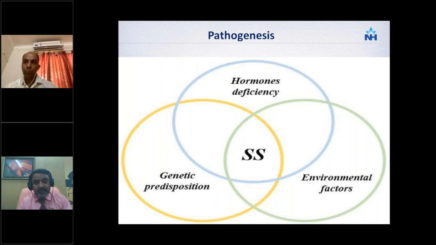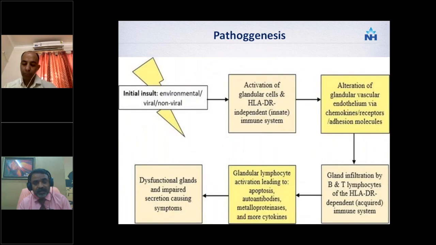Second, environmental factors like viral infections such as EBV, rubella, and CMV, which are direct causative agents for primary Sjogren's syndrome. Third, genetic predisposition, with HLA-DR being a predisposing factor for primary Sjogren's syndrome.